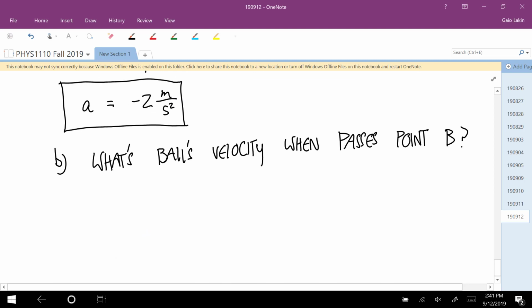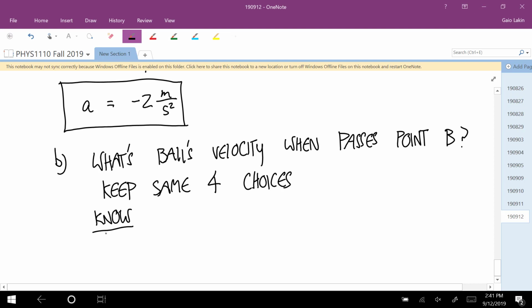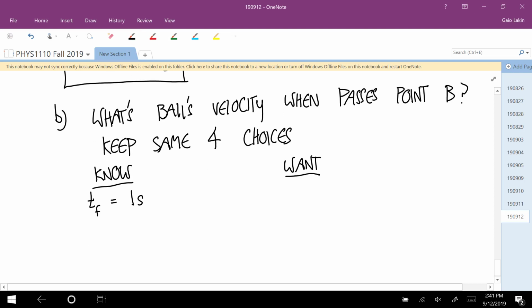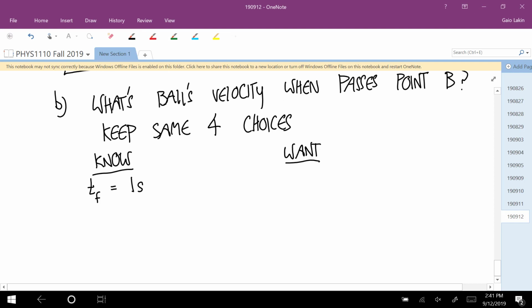Okay, so let's keep the same 4 choices. And that means that we still know all the stuff we did before. So we still know time final is 1 second. We didn't know the acceleration before, but now we do.